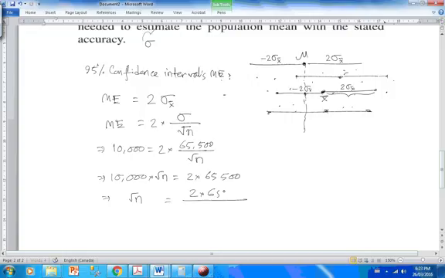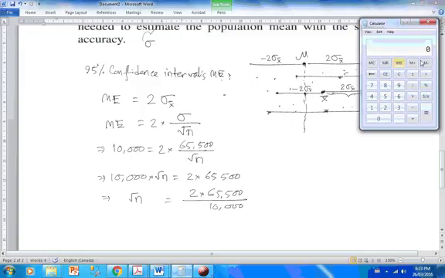2 times 65,500 over 10,000. Now if I plug in these values on a calculator, that will give me the value of square root of n.